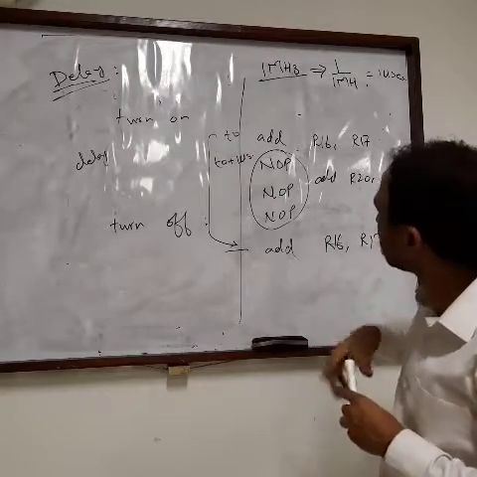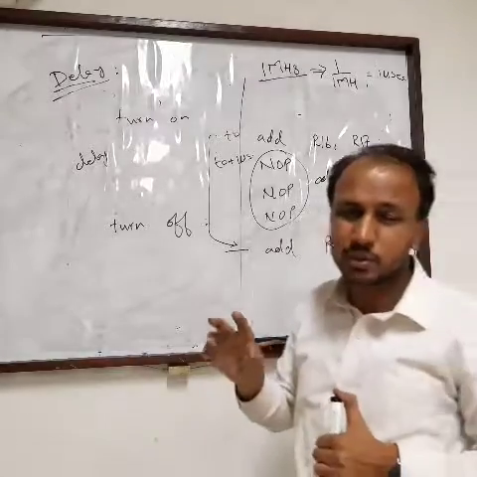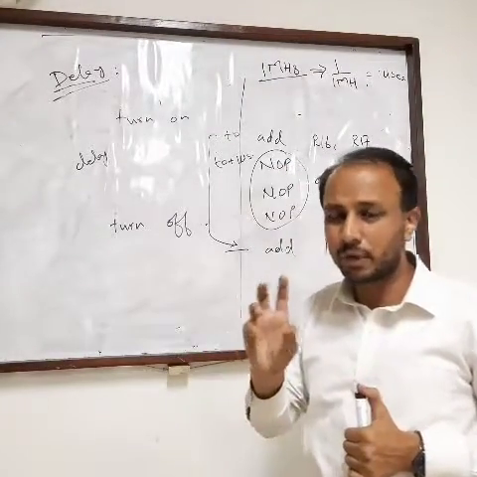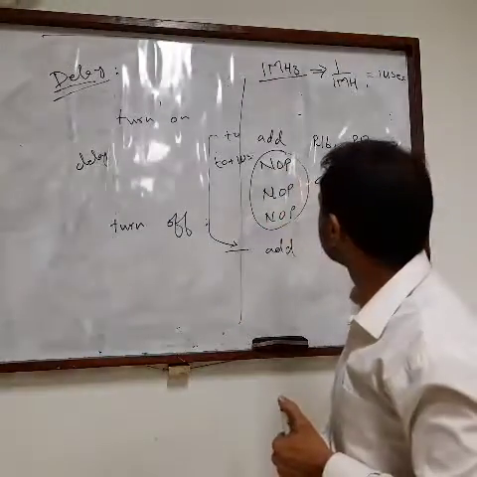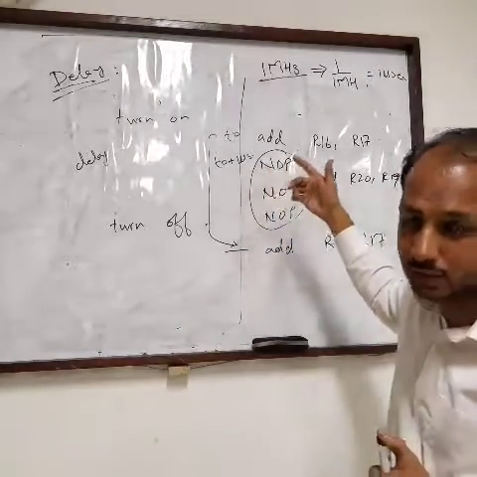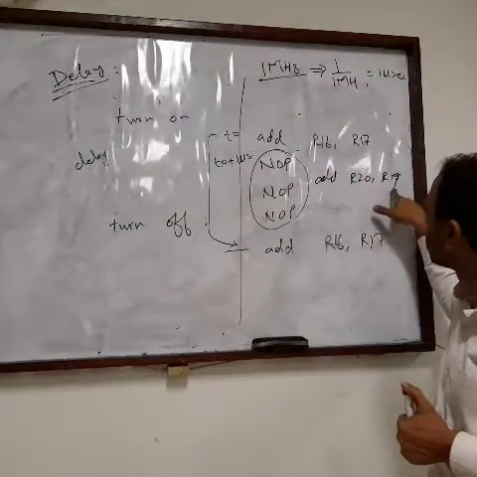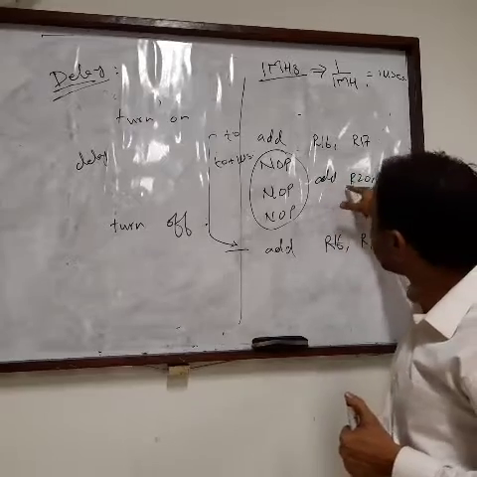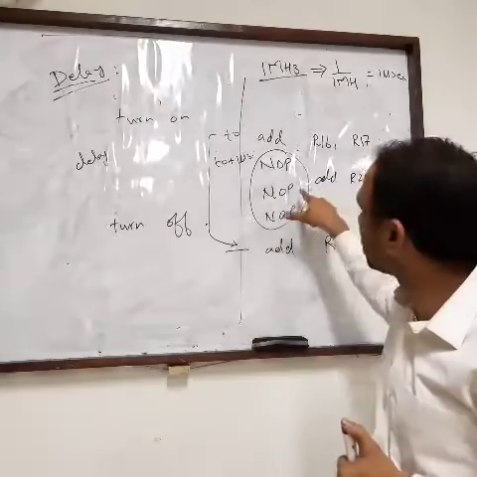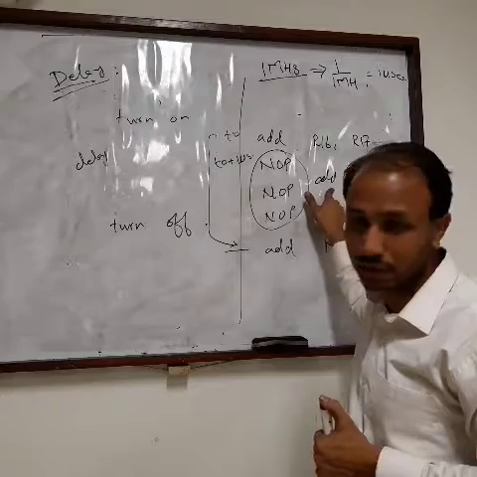We have general purpose registers from 0 to 31, but for these instructions we use those above 16. So here I am using 20 and 17. For example, this is our useful instruction, so one instruction can be replaced here.